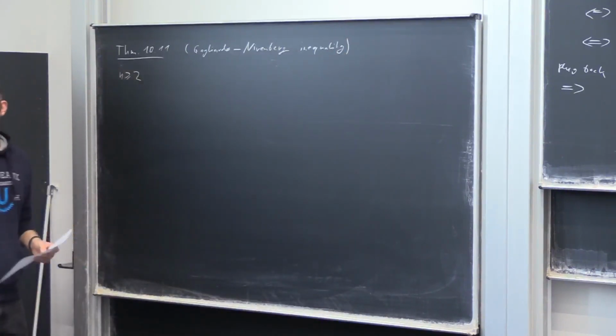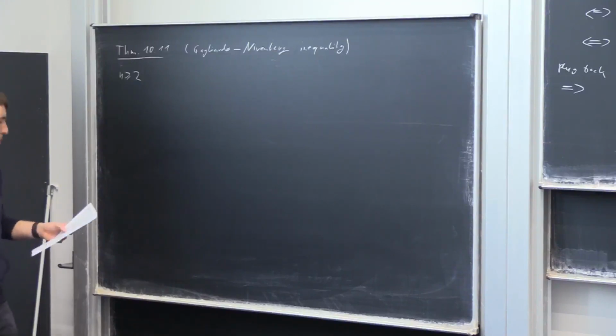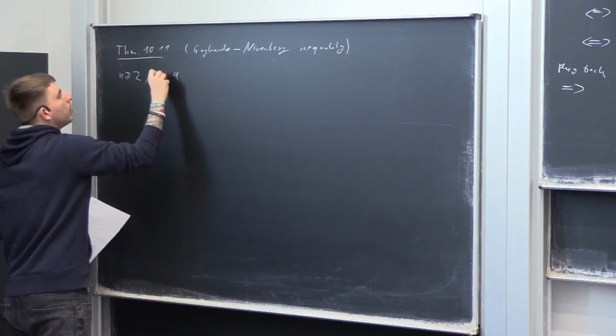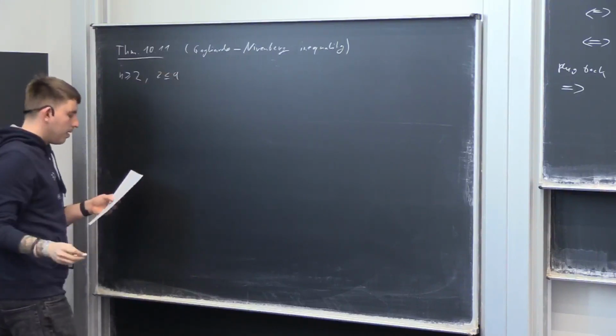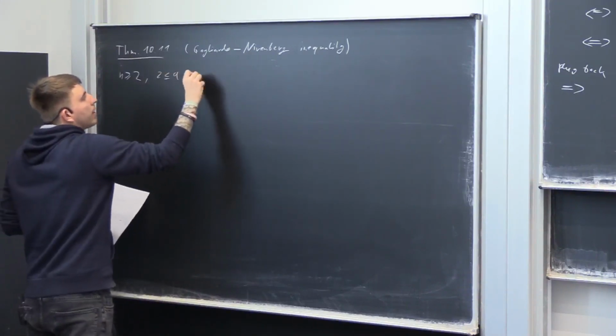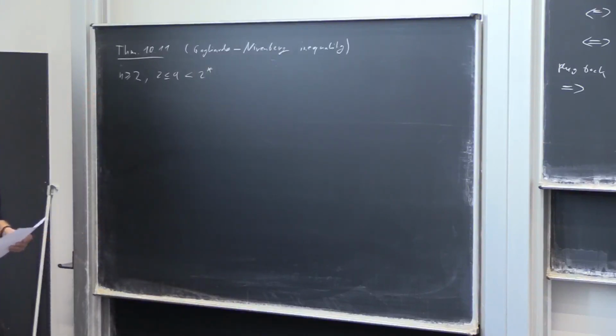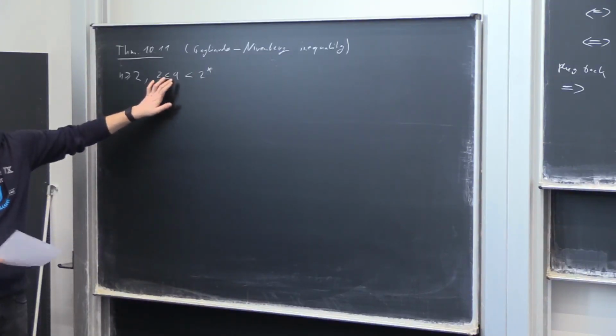Here we can really include the critical dimension 2. We can take some q which is larger than 2 and strictly less than 2 upper star. This is interesting in the critical case.